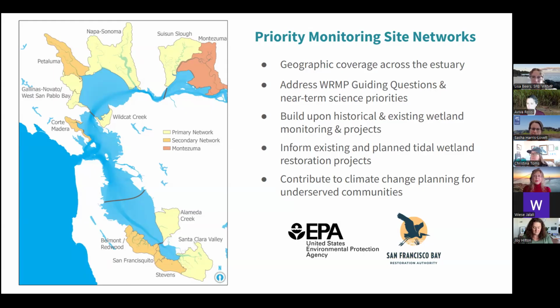Within the WRMP, we are building upon historical and existing wetland monitoring projects, so that we are building upon what's already been done within the estuary and not reinventing the wheel. The goal is to inform existing and planned tidal restoration projects and also contribute to climate change planning for underserved communities. Our funding is currently through the EPA and the San Francisco Bay Restoration Authority.